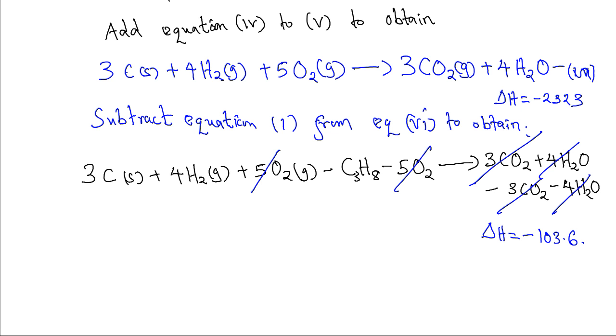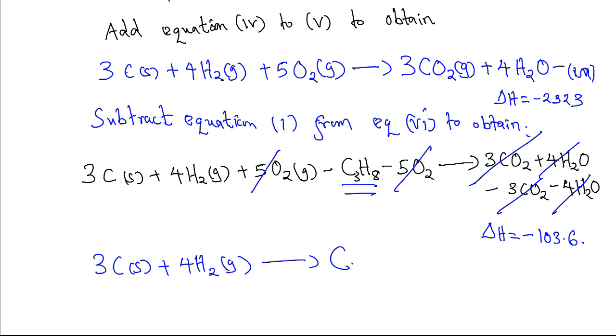So we have 3 carbon solid plus 4 hydrogen, then it is minus this, so it is forming C3H8, and delta H is minus 103.6 kilojoule. So that is how we obtain that using addition formula.